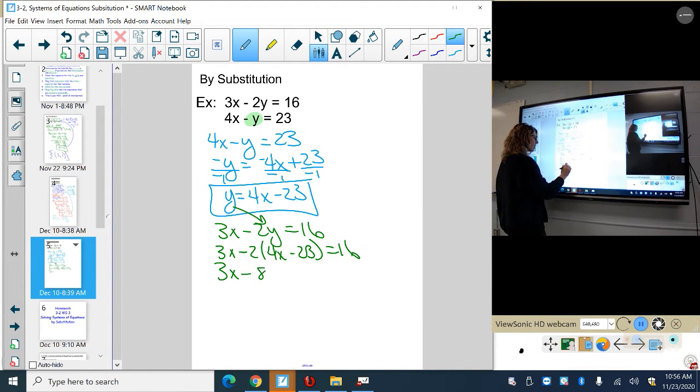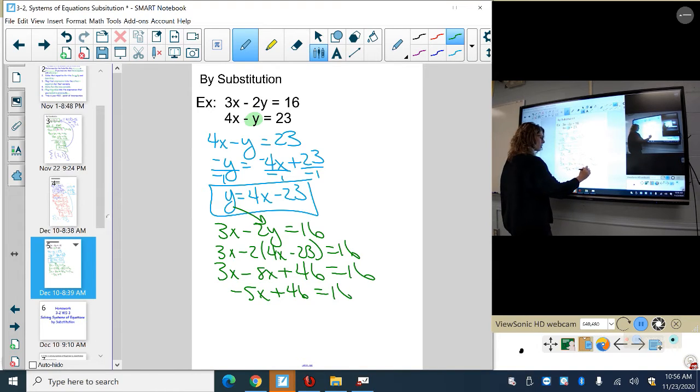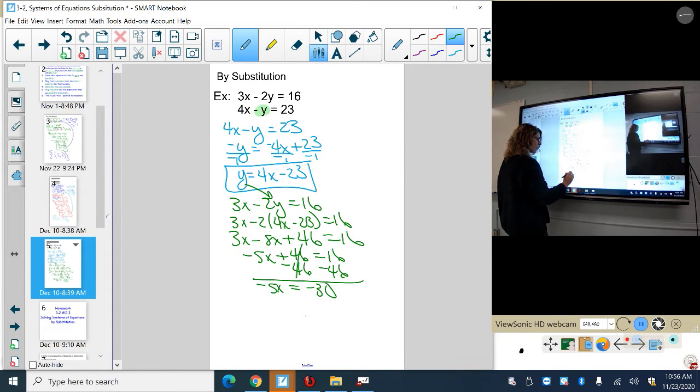So 3x minus 8x plus a 46 is equal to 16. Negative 5x plus 46 is equal to 16. Subtract the 46 over. Negative 5x is equal to a negative 30. Divide by negative 5. X is equal to 6.